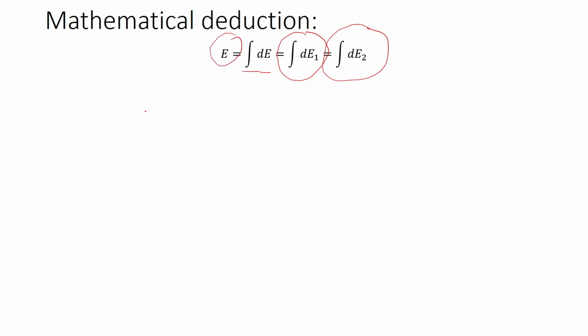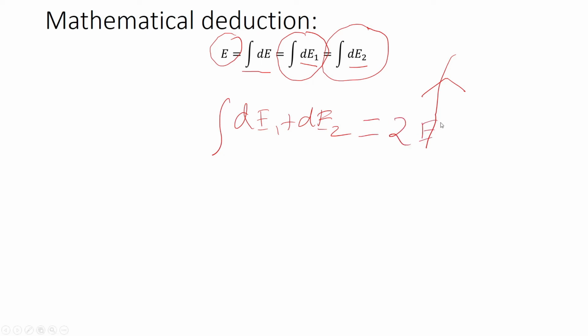But we have seen earlier that when these two were acting together, the electric field intensity is acting only along the direction of Az cap. That is, we have already determined the expression for dE1 plus dE2. Now let us try to use this expression. But if you integrate this expression, then instead of the electric field intensity, you would be getting twice the electric field intensity.